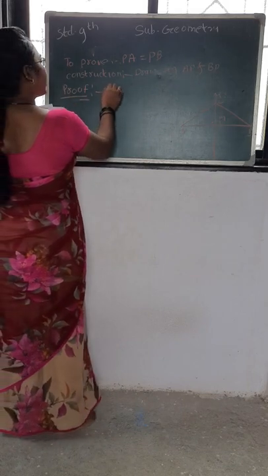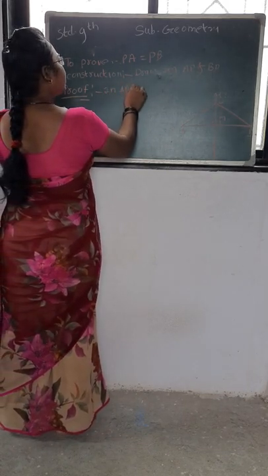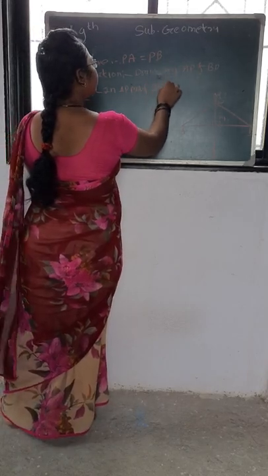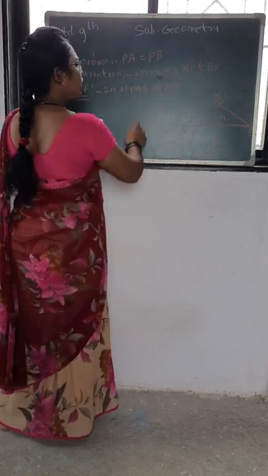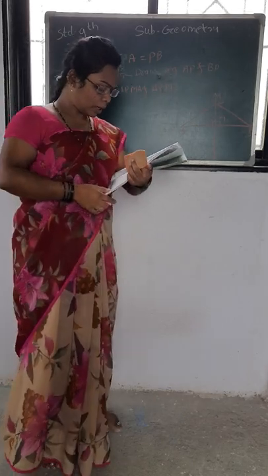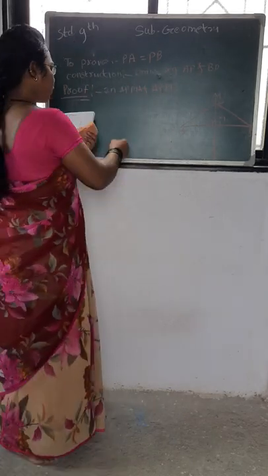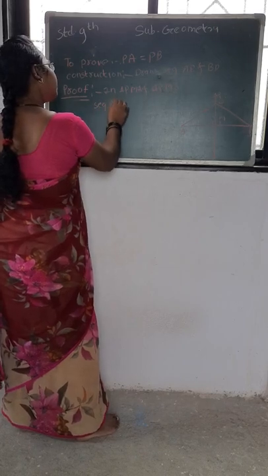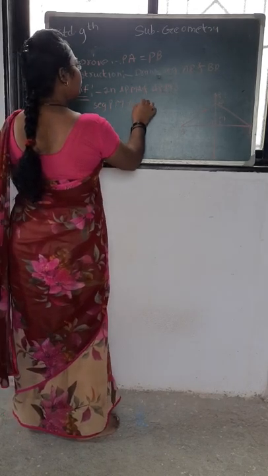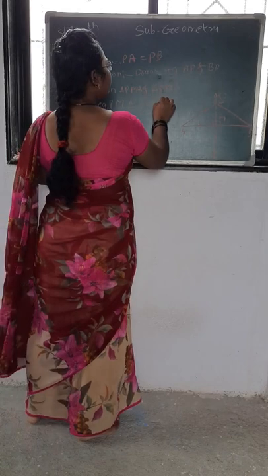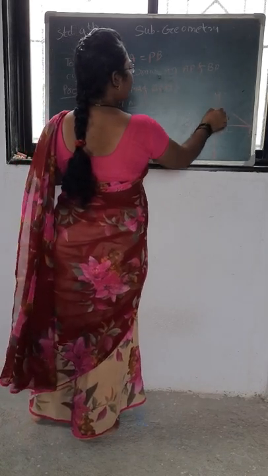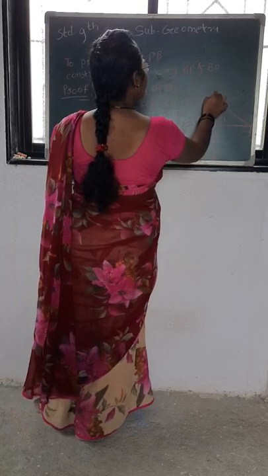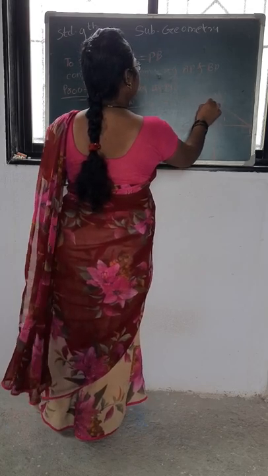Proof: in triangle PMA and triangle PMB, these two triangles are right angle triangles. Segment PM is congruent to segment PM. The reason is that it is a common side of the two triangles.